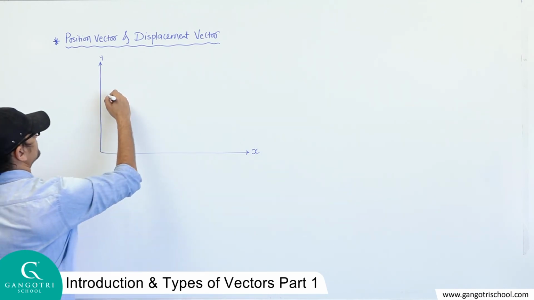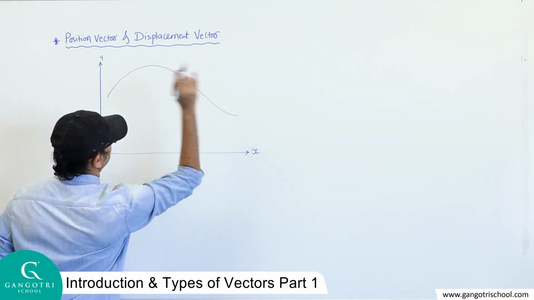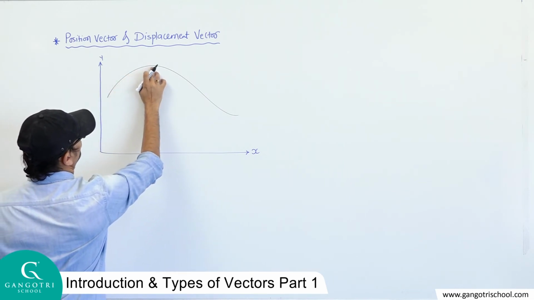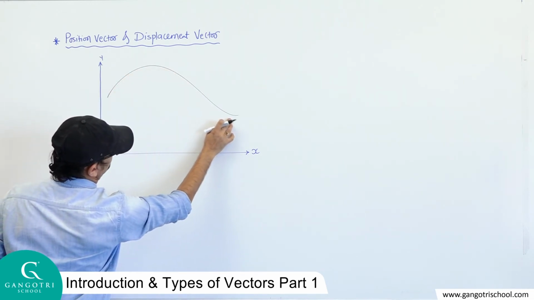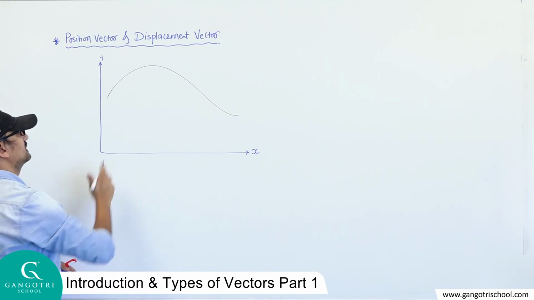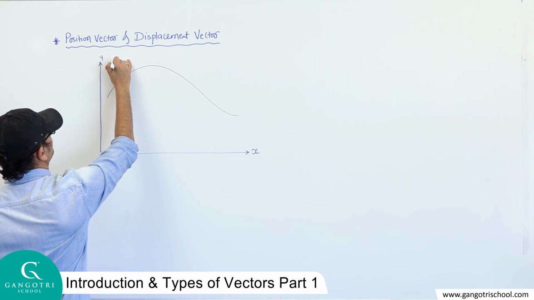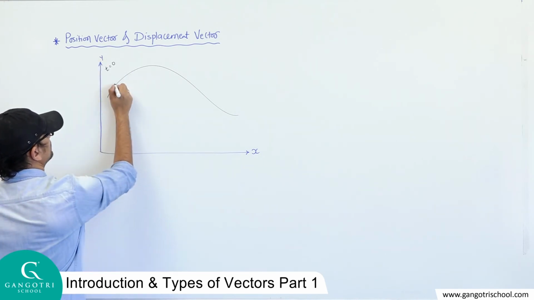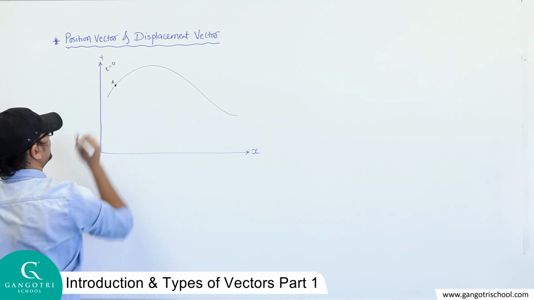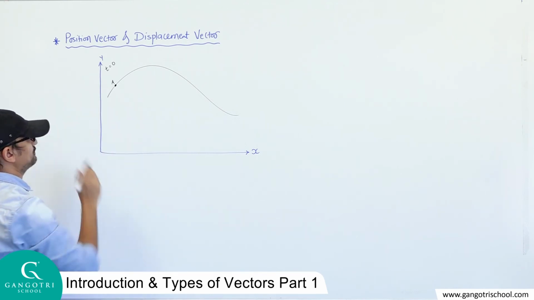For the sake of simplicity, suppose this is the path on which one particle is traveling. Initially, at time t equals 0, suppose the particle is at point A. It starts the motion from point A.